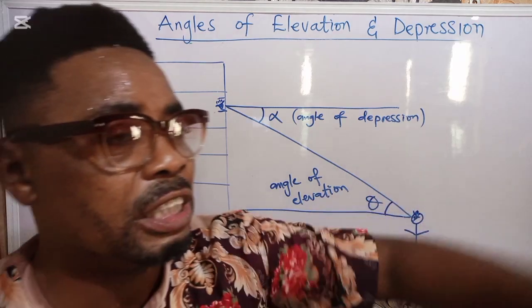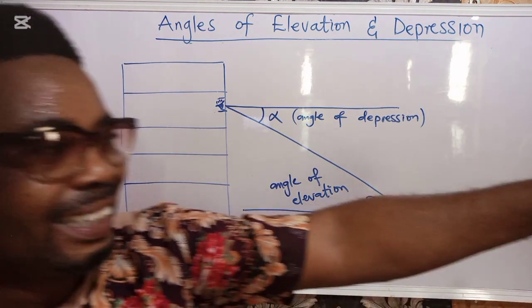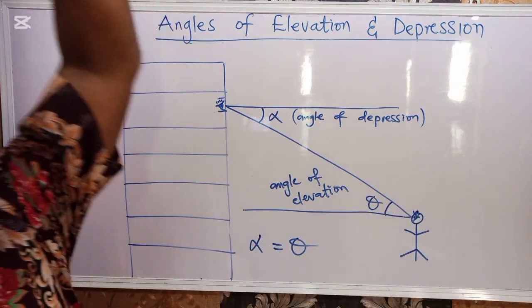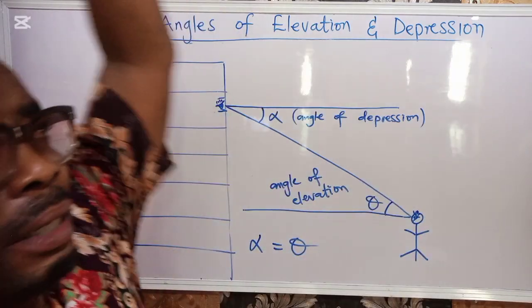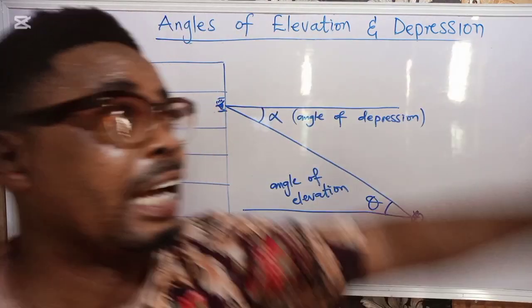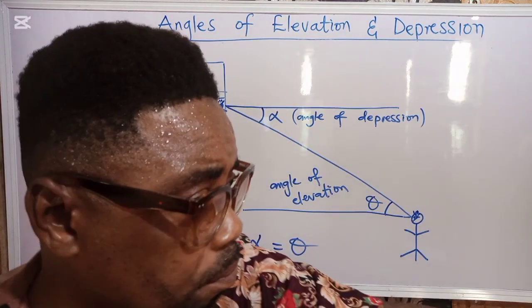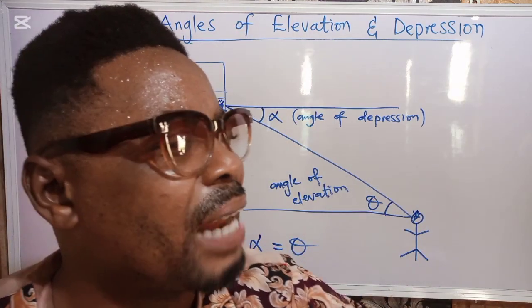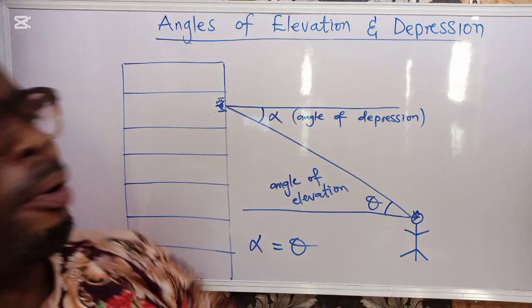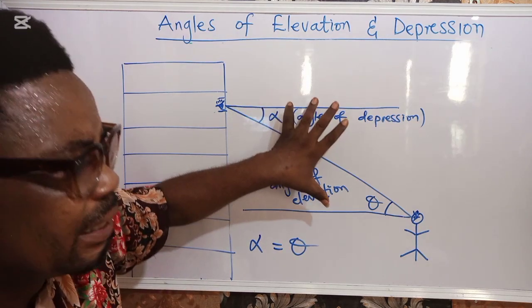Their own scenario is different from my own scenario. Their sin is not my sin. So he and the dog are performing the same. The dog may be looking at him too as he's looking at the boy. So the dog is forming angle of depression with him, and he is forming angle of elevation with the boy. That is a single scenario.